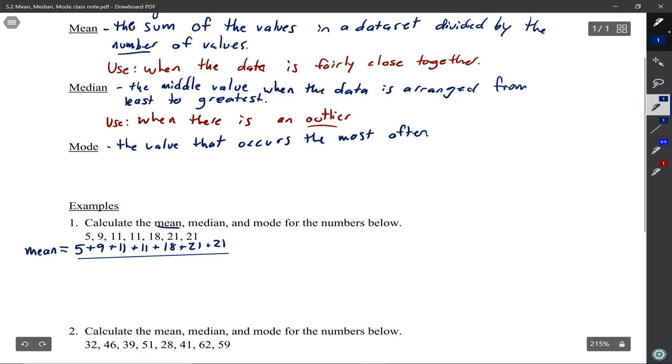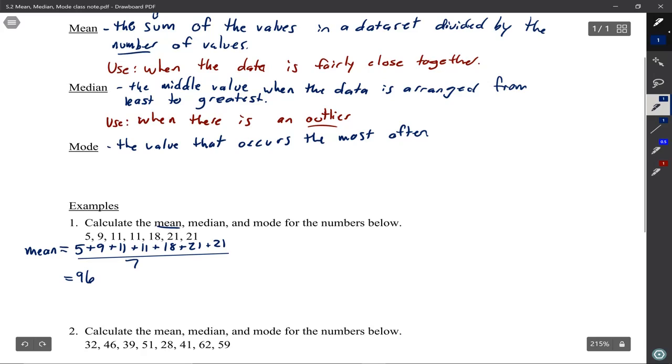We'll count them: 1, 2, 3, 4, 5, 6, 7. There's 7 values. Perfect. The sum of my numbers is 96.